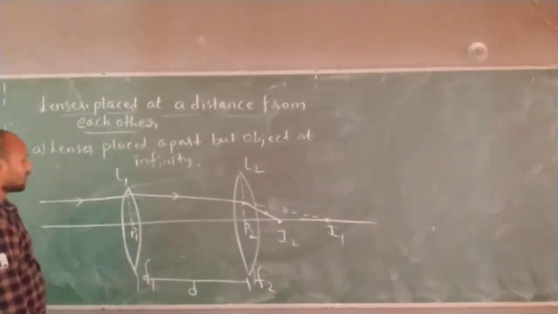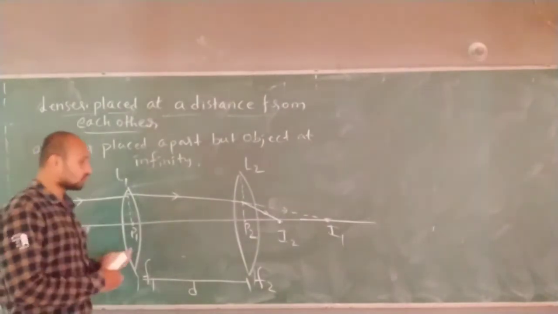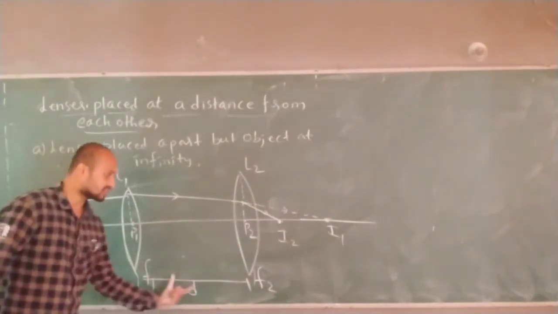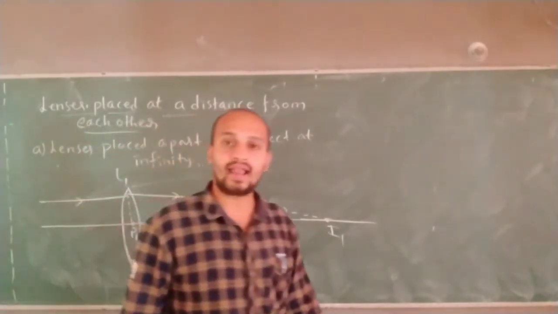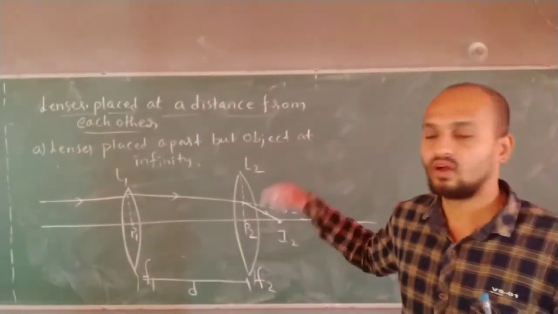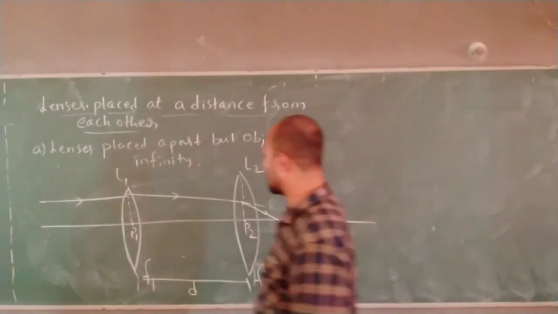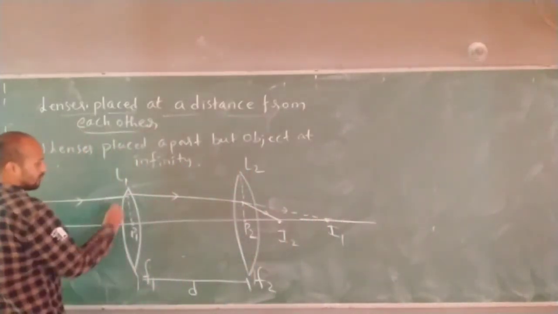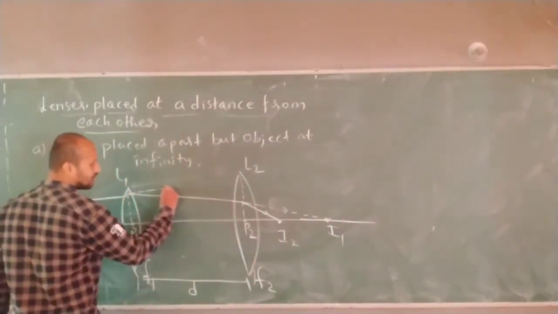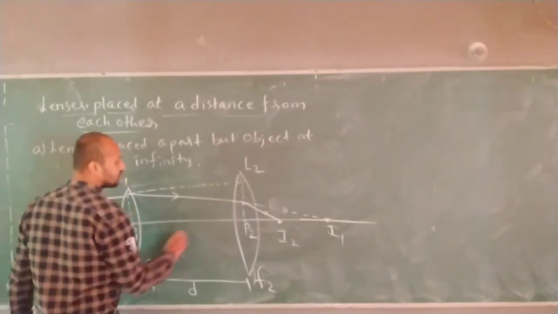Now see here. I am going to find, when two lenses are placed like this with a distance d, what is the equivalent focal length of this system? How am I going to find it? See here, I will just extend this line.